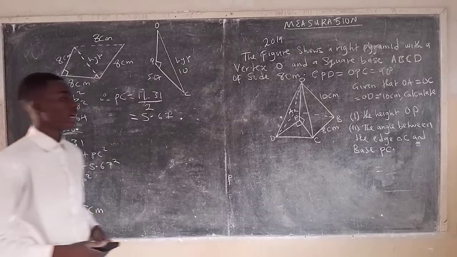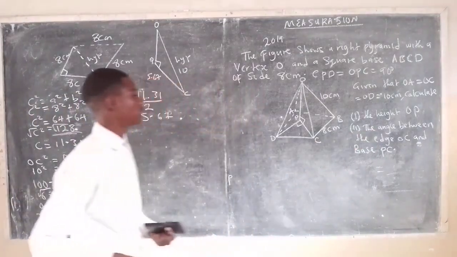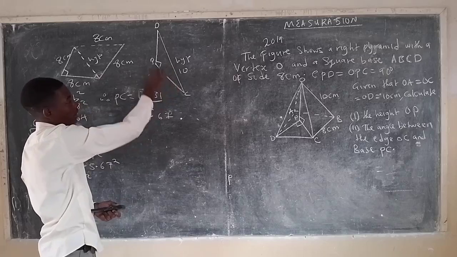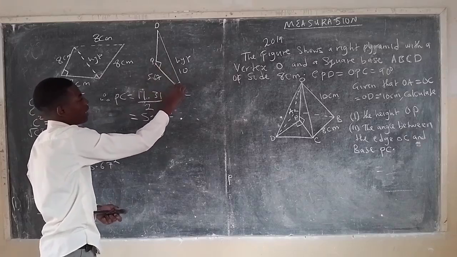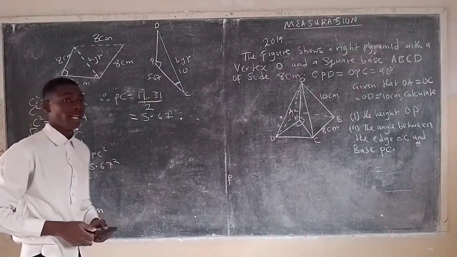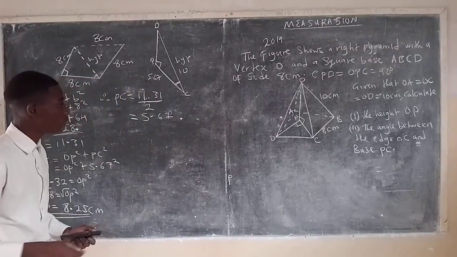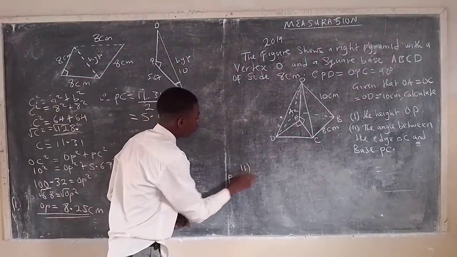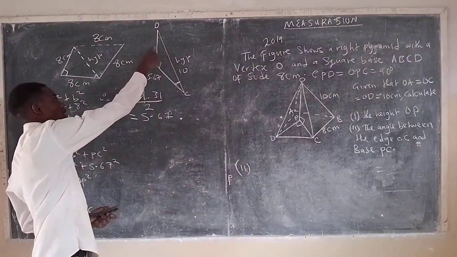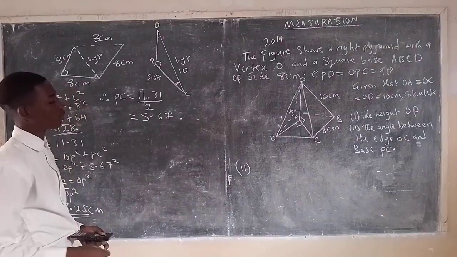So we have 8.25 centimeters. Then we are asked for the angle between the edge OC and PC. So meaning they are talking about this angle, for which we can use any of the trigonometric ratios. Which one are we going to use? We know this one has the opposite OP, so if we want, we can use the sine.